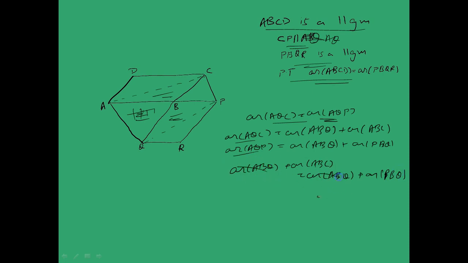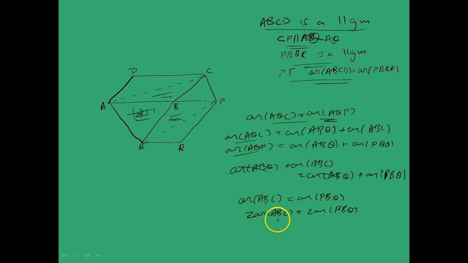And so these two cancel, and we have area of ABC is equal to area of PBQ. Now multiply this equation by 2, so we get 2 of area of ABC is equal to 2 of area of PBQ, and so therefore we know that the area of ABC is half of the area of the parallelogram ABCD.